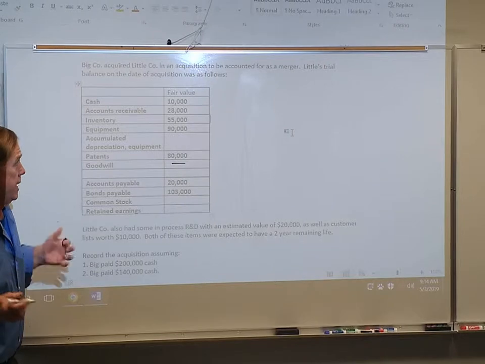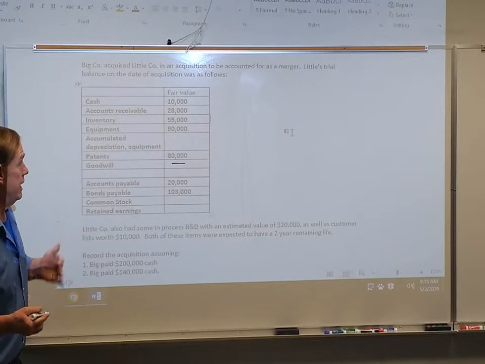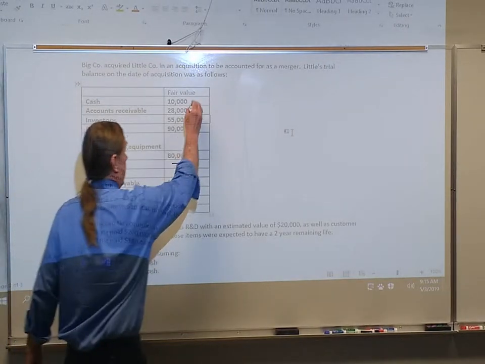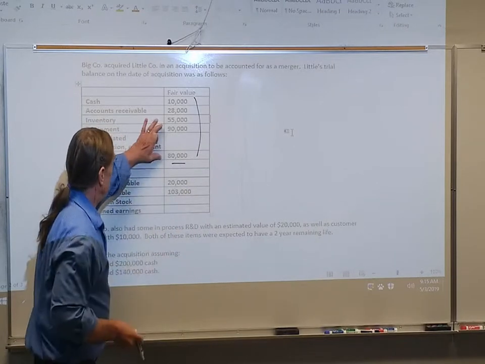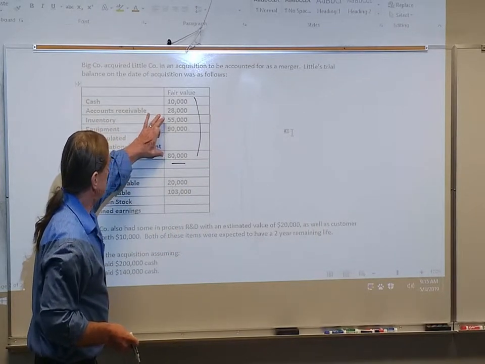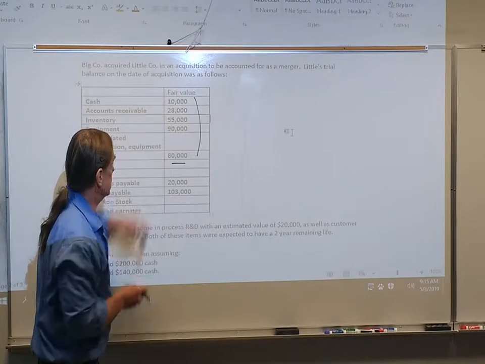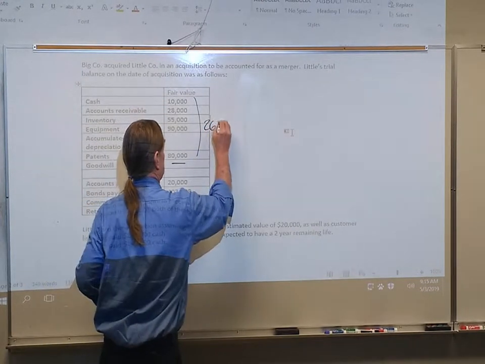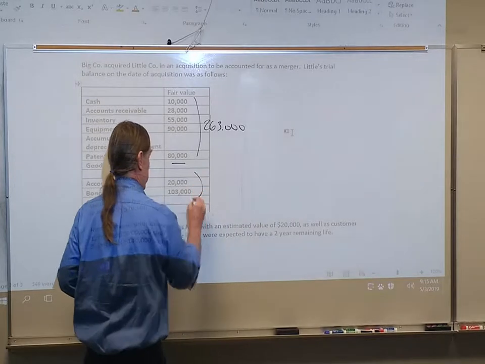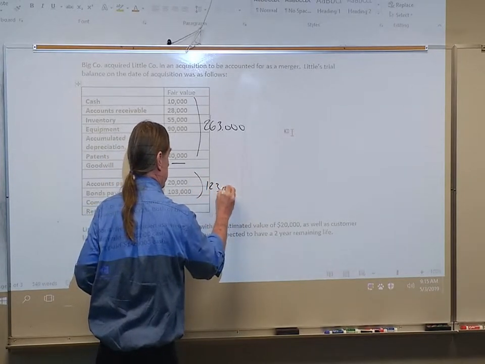So let's go ahead and add up what the fair value of our net assets is. On the asset side, we've got 170, 225, 235, 263. On the liability side, we've got 123.